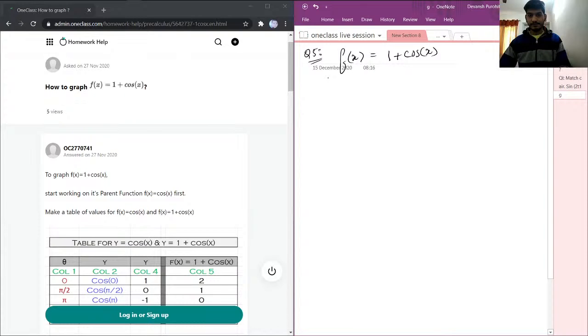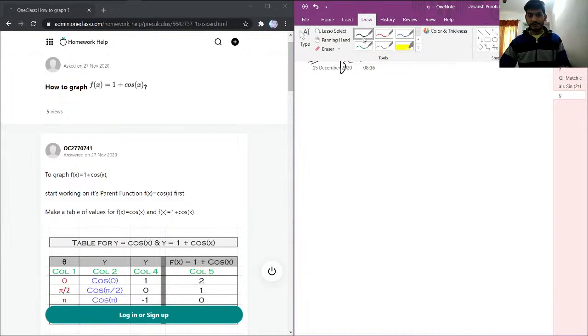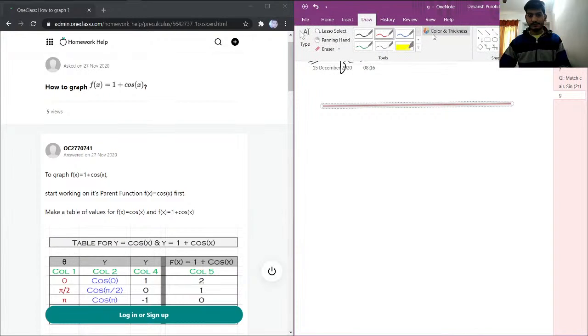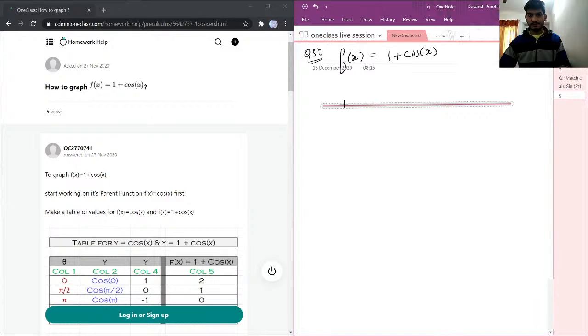So I'll be using the same procedure as used by the Junior Tutor. I'll just make a kind of table here. Then we have theta, 1, 2, 3, 4, 4 columns.